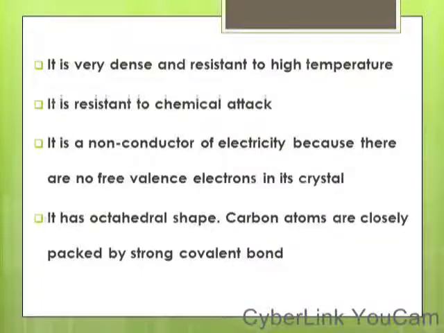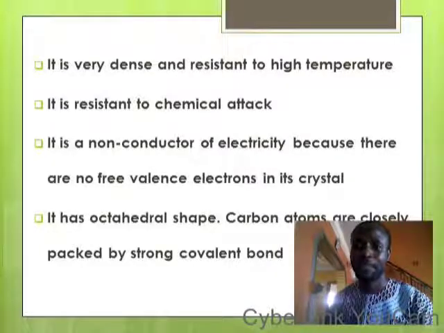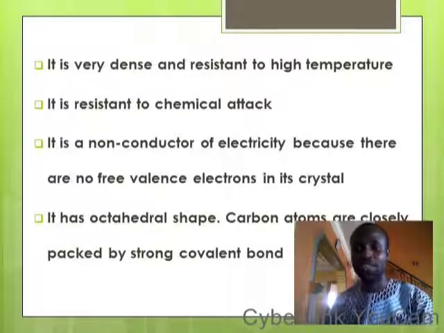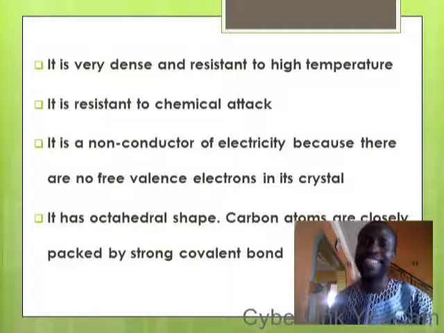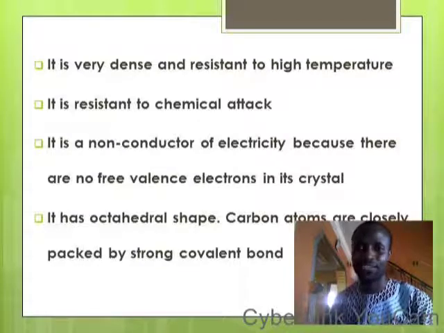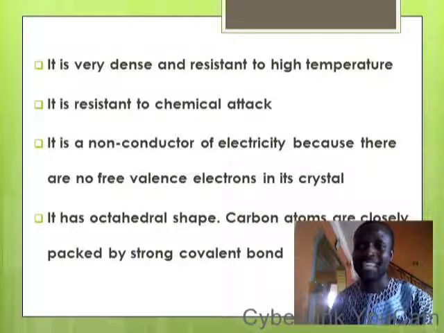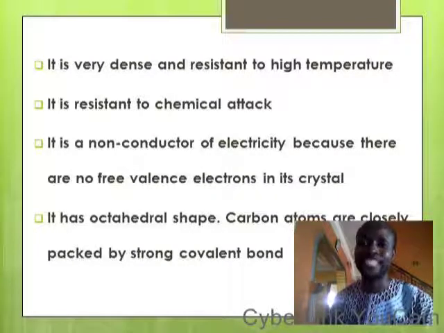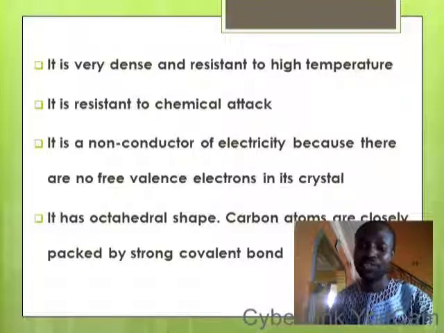Other properties of diamond: it is very dense and resistant to high temperature. It is resistant to chemical attack. It is a non-conductor of electricity because there are no free valence electrons in its crystal. Take note of that.